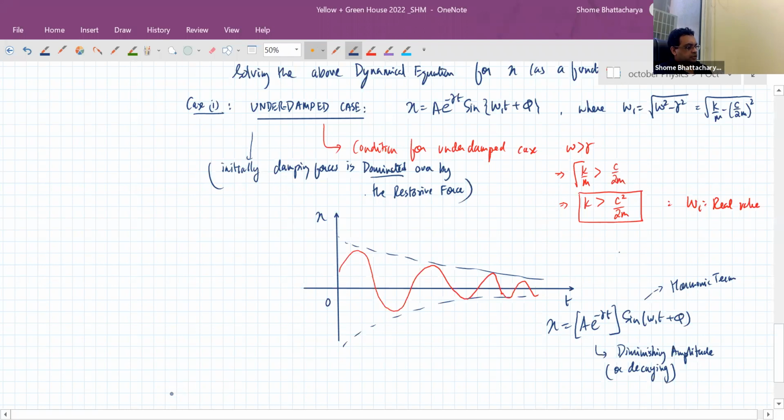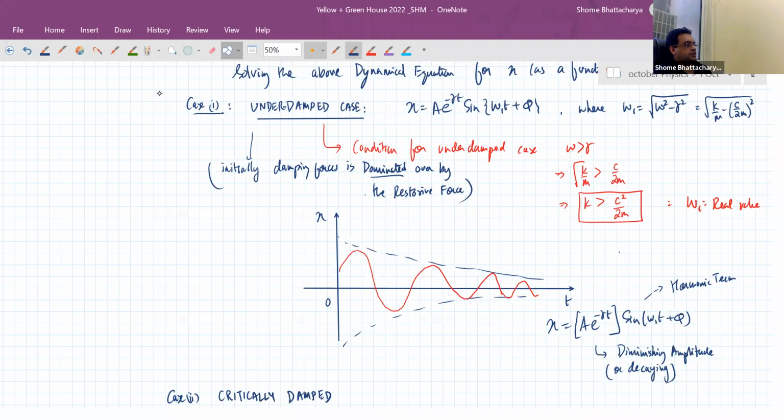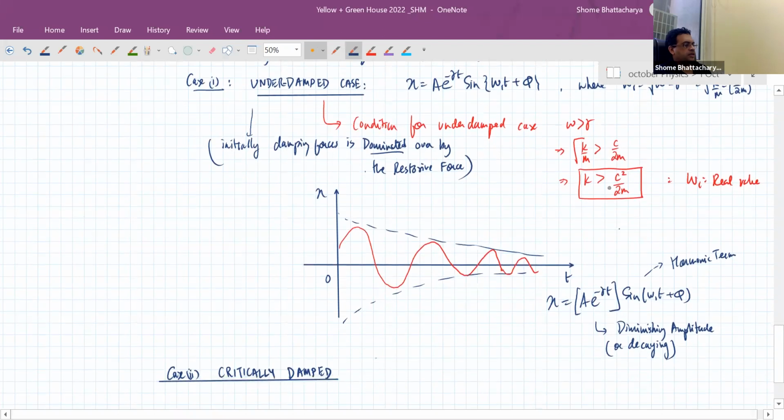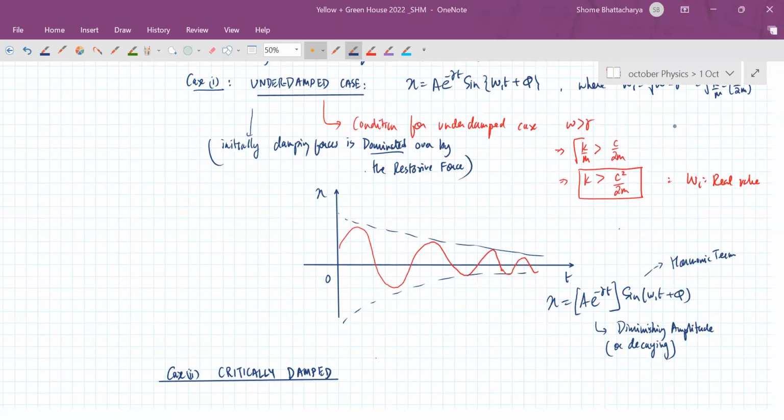Take this down, then we'll discuss the second case, which is called the critically damped case. And finally, the third case, which will be called the overdamped case. So these are the different types of situations in which damping plays a role in the damped harmonic motion.